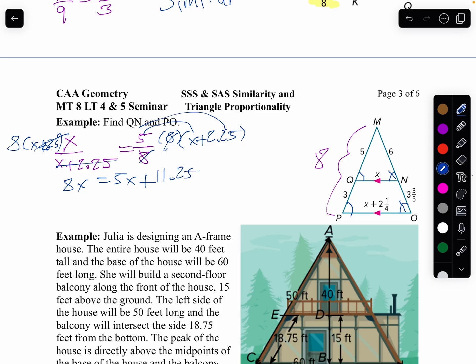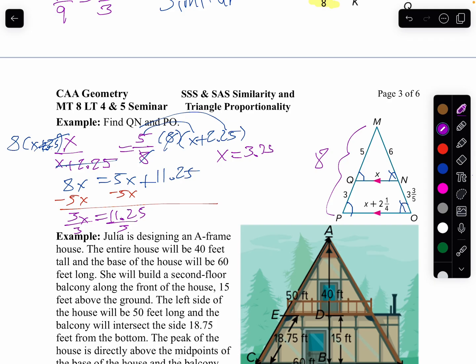Then I will subtract 5x from both sides, and you'll get 3x equals 11.25. I'll divide both sides by 3. So if I take 11.25 and divide that by 3, x is 3.75.